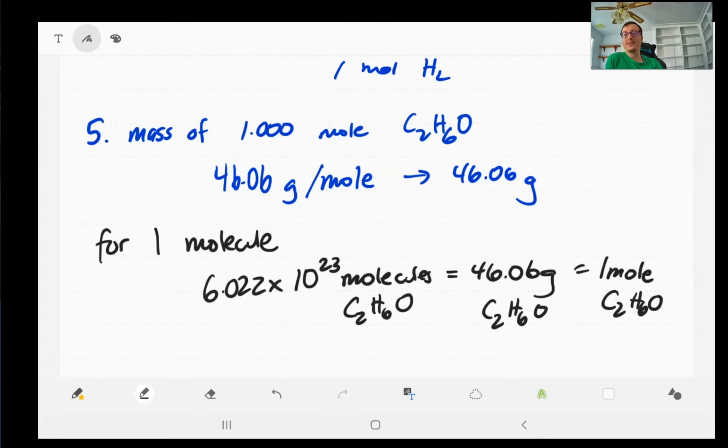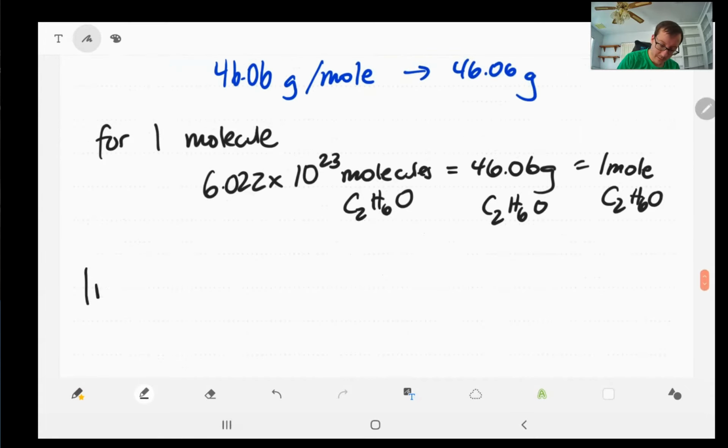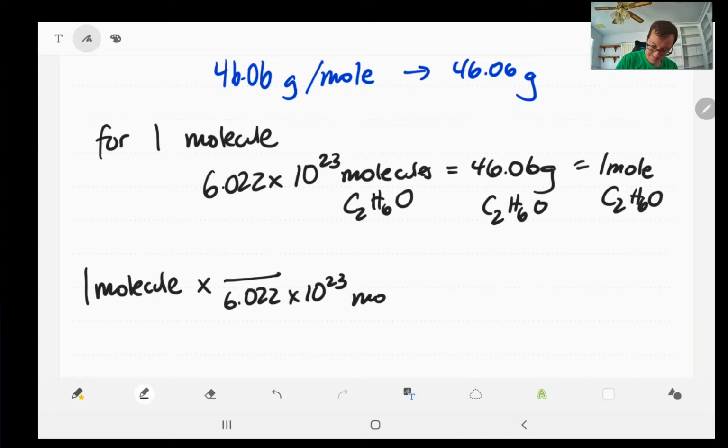And so if we want to say, what's the mass of one molecule? Let's start with one molecule. We would need to put molecule on the bottom, and we're going to put our mass, the molar mass, on top.